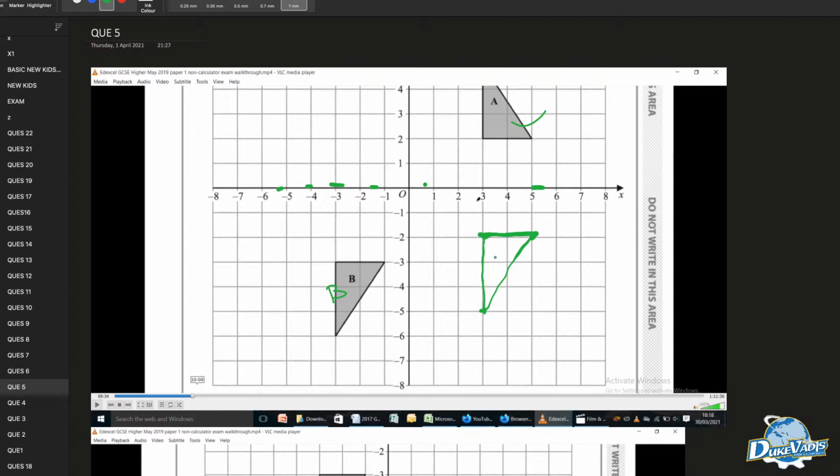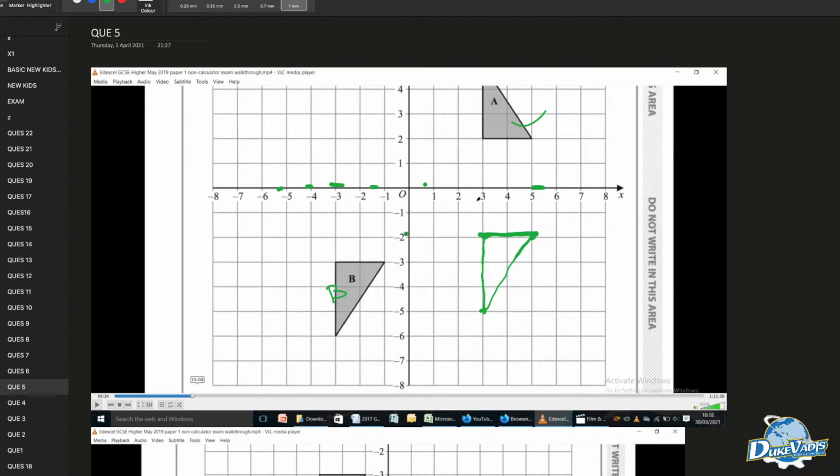Being able to do this, we know that translation is moving the shape sideways and also up and down. So when we count, we're going to count 6.